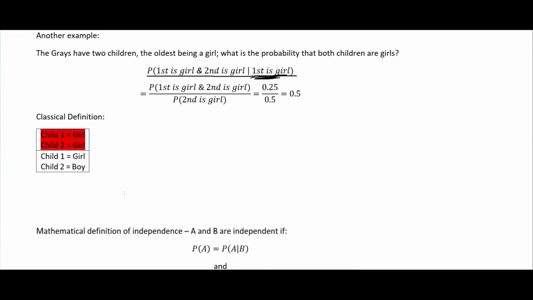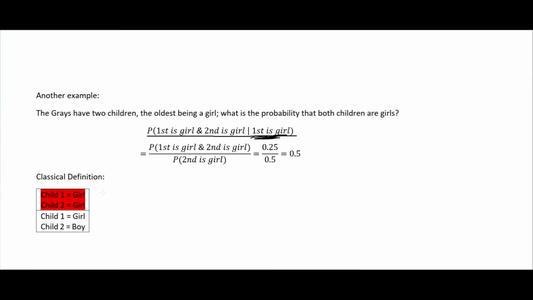And so we can look at the classical definition over here. Like I said, we know the first one is going to be a girl, so we have collapsed down our possibilities. The original possibility is that the first child could also be a boy, but we've ejected those possibilities and said we know that the first one is a girl.